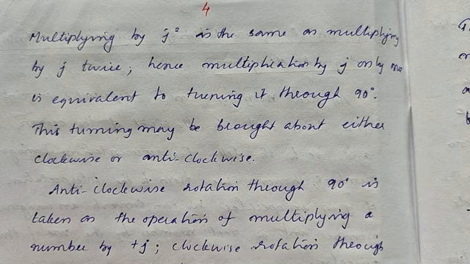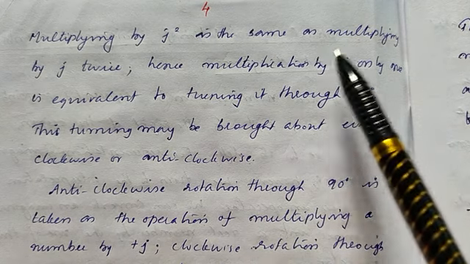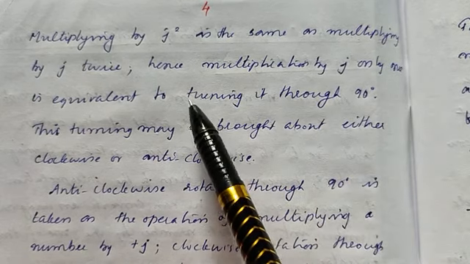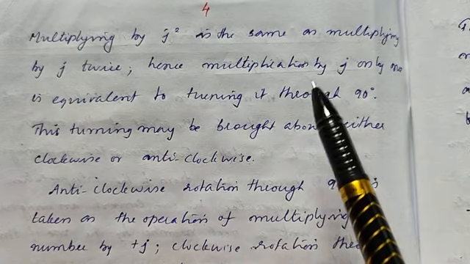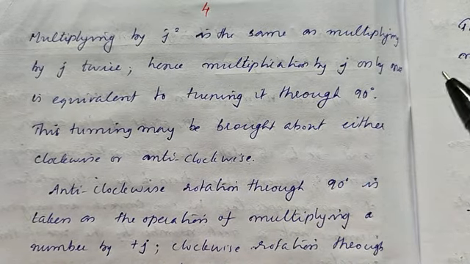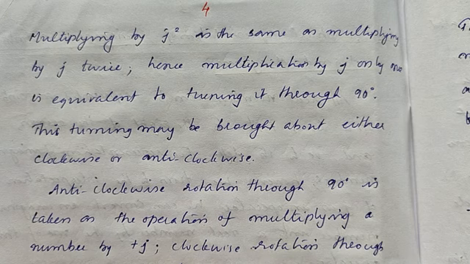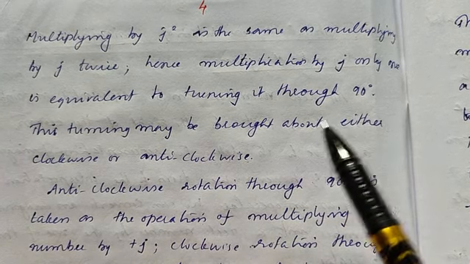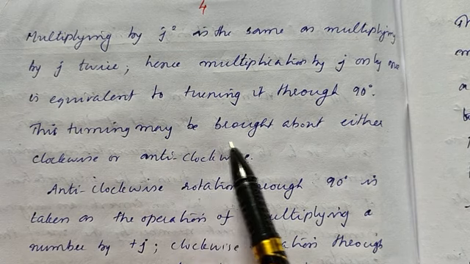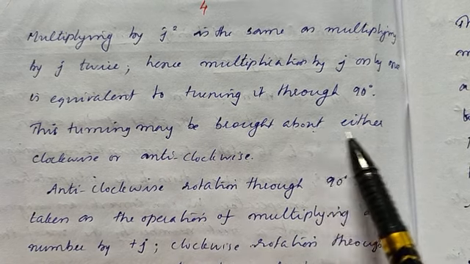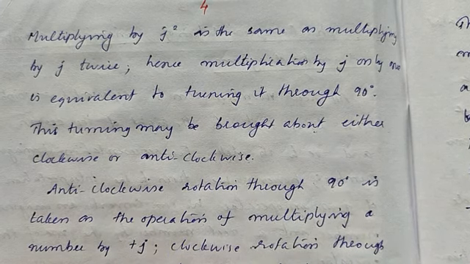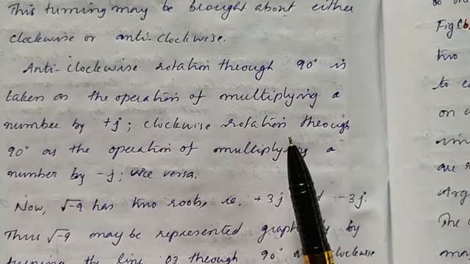Since the j square operation means a 180 degree rotation, and j square can be represented as multiplying j twice, j represents a rotation through 90 degrees. This turning may be brought about either clockwise or anti-clockwise.